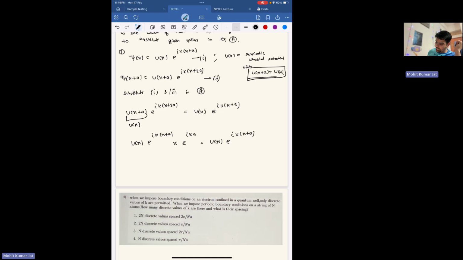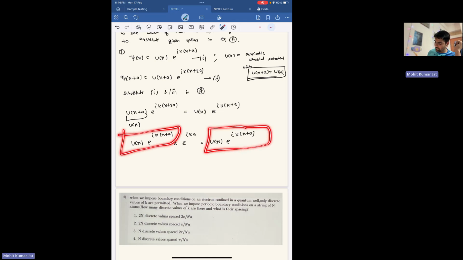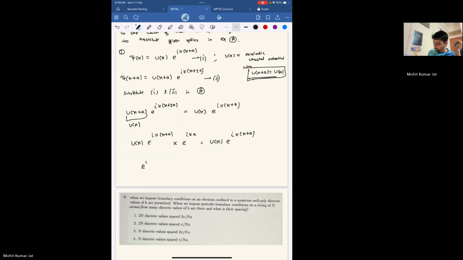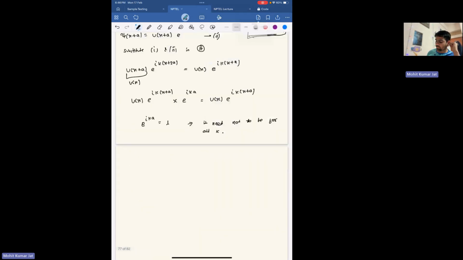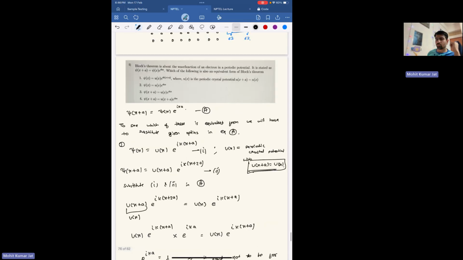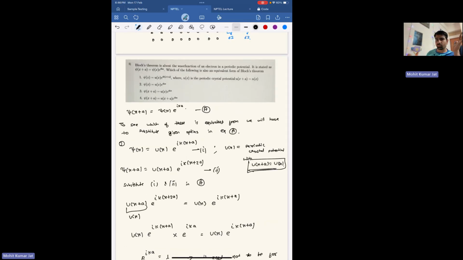The term here and the term here are the same. So this tells me that e to the power i k a is 1, but it need not be for all k. What does this mean? This means that option number 1 is not right. It's not equivalent to the Bloch theorem. It's more equivalent to a periodic kind of the points.